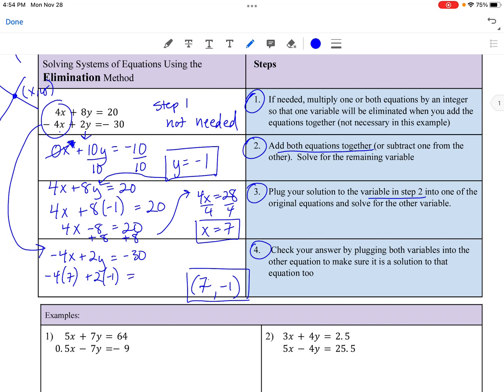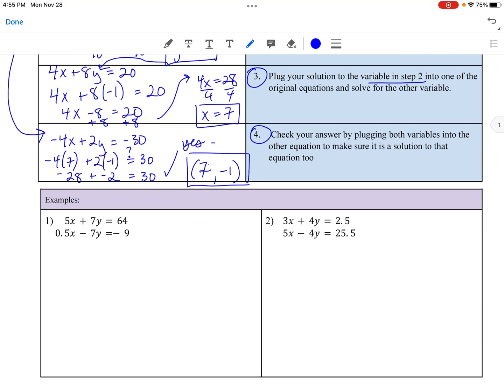And we're going to ask ourselves, is this true? Is this going to equal 30? If it is true, that means that we have solved correctly. So this gives us negative 28 plus negative 2. Is it true that negative 28 plus negative 2 equals 30? Yes, it is. So we can be assured of our answer.